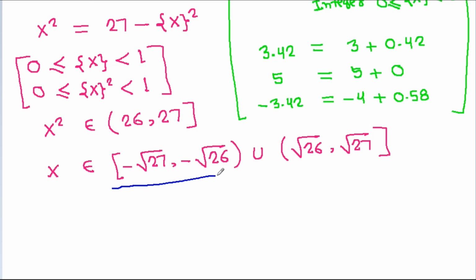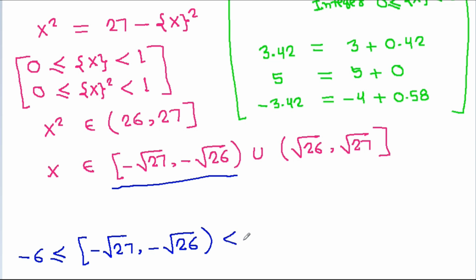And from here, minus square root of 27 to minus square root of 26 is greater than or equal to minus 6 and less than minus 5. That means the greatest integer of x will be minus 6.